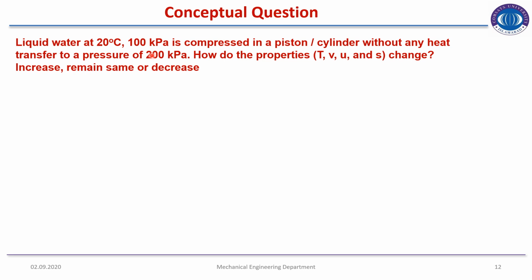The pressure is increased up to 200 kilopascal, so the final pressure is 200 kilopascal, and no heat enters the system. We are asked to suggest the trend of temperature, specific volume, specific internal energy and specific entropy change: either they increase, decrease, or remain constant.